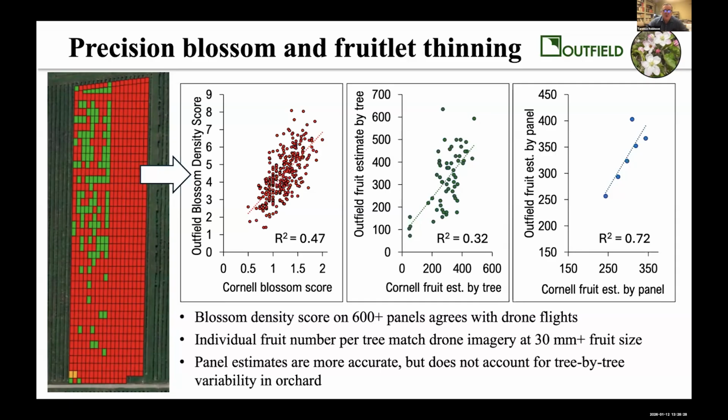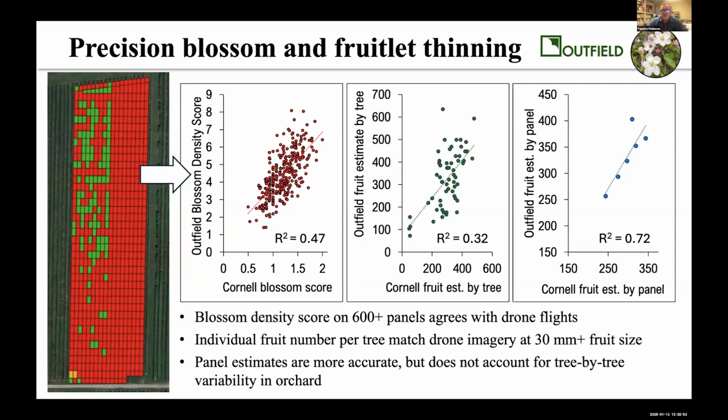If we just averaged the whole panel against the Cornell measured whole panel in the last chart on the right, then the relationship was very good. But here it illustrates again that a whole panel is quite a big distance to average all the trees within it, especially when you have variable bloom in a Honeycrisp orchard.